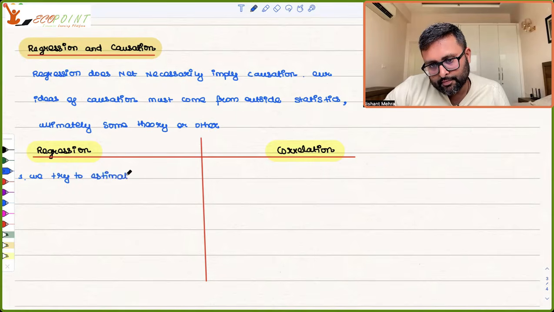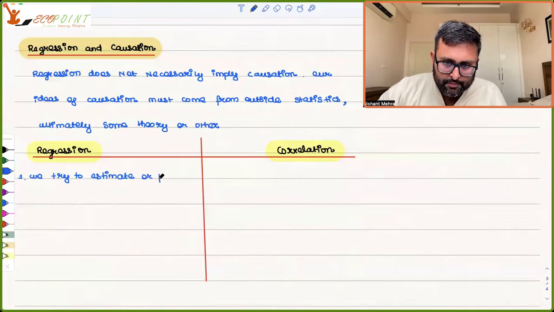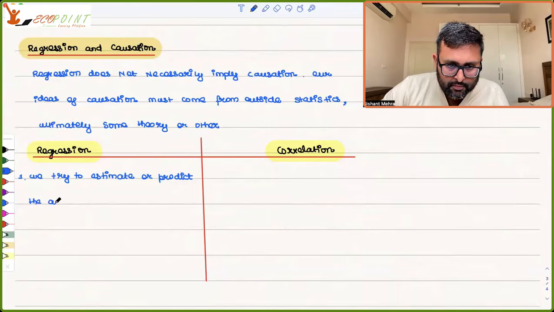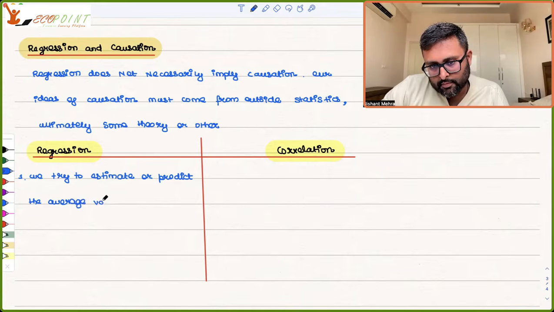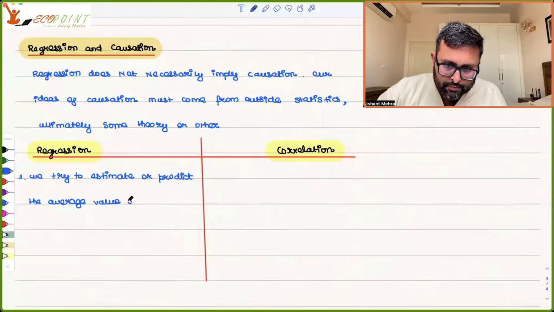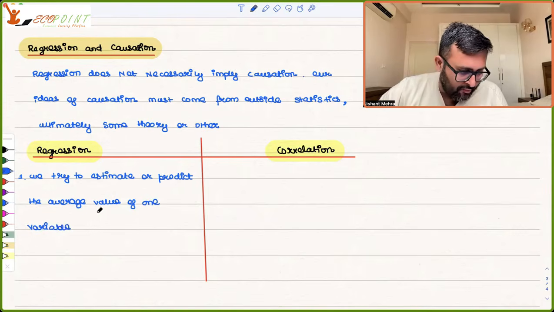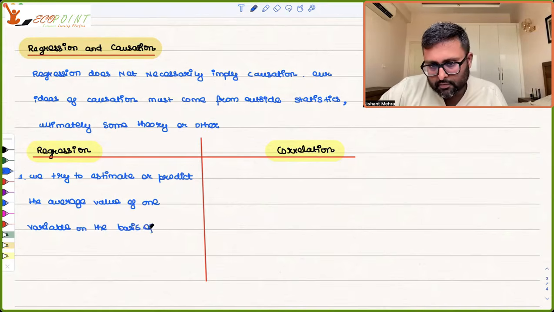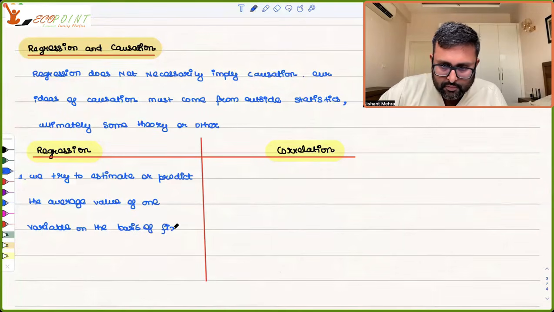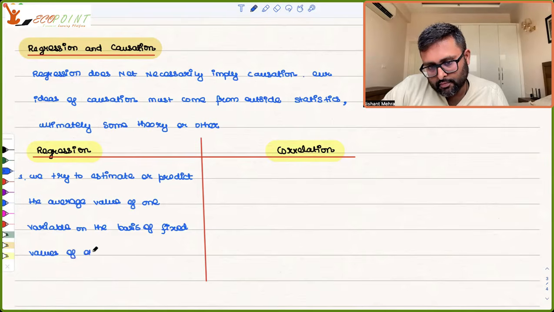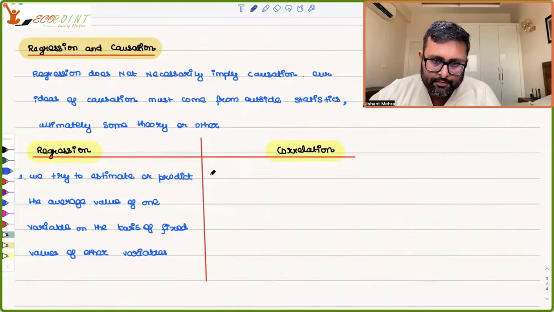In regression, we try to estimate or predict the average value of one variable on the basis of fixed values of other variables, right?